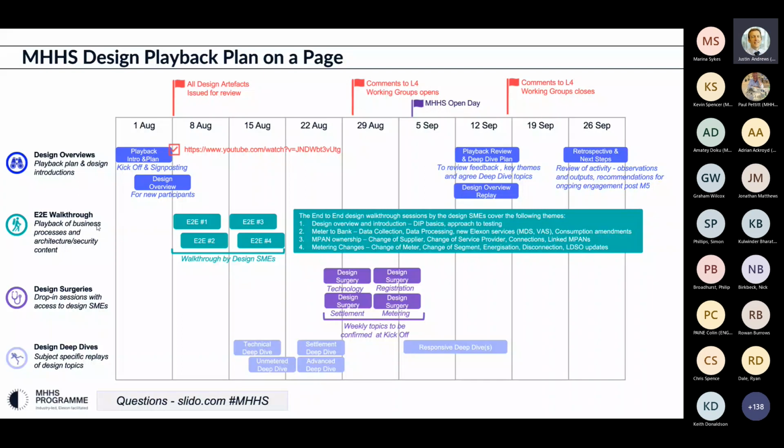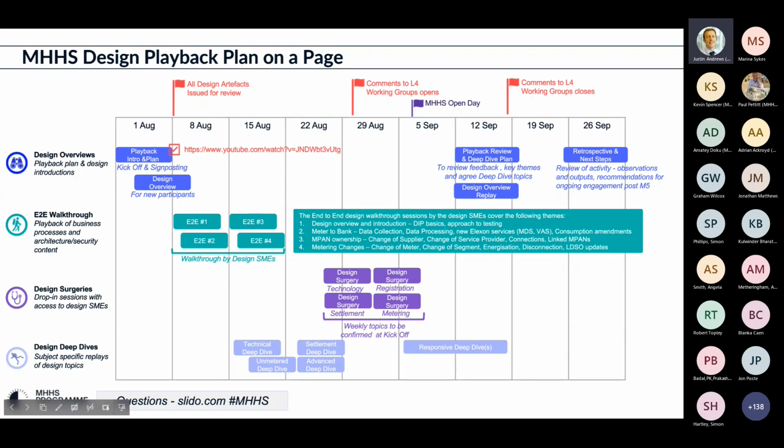So we've got these various design overviews, like today, these end-to-end walkthroughs. We've got design surgeries where people can raise topics, and we have the appropriate subject matter experts from the program there to answer your questions on those particular topics that you can see: technology, registration, settlement and metering.